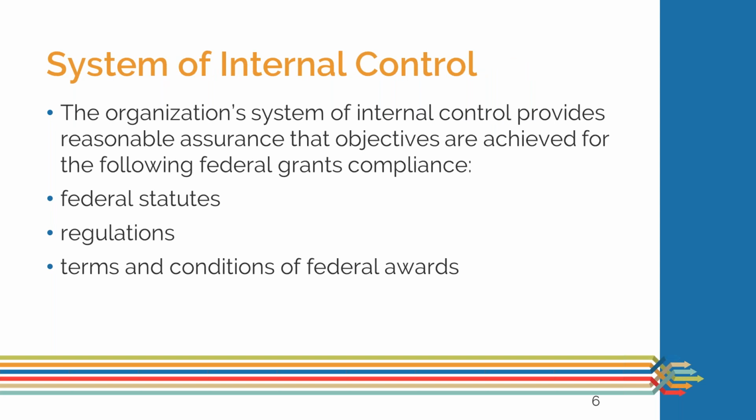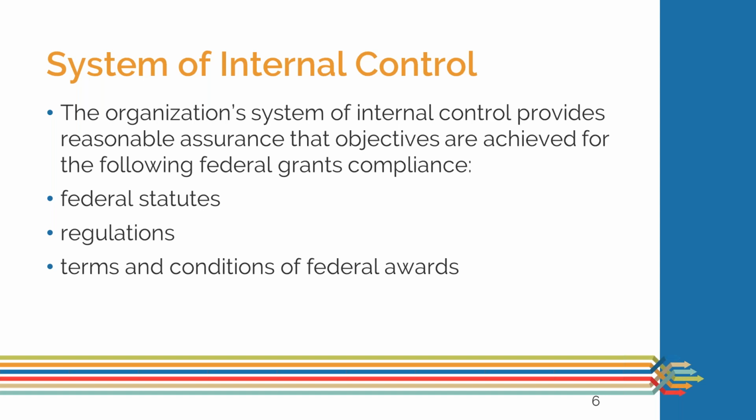When we talk about systems of internal control, this is primarily for federal grants, where you're looking again for reasonable assurance that the objectives are met. But what kind of objectives would be met in that situation? It would be following the grant's compliance, where we would talk about federal statutes like the 2 CFR, and the old OMB circulars would be part of those statutes.